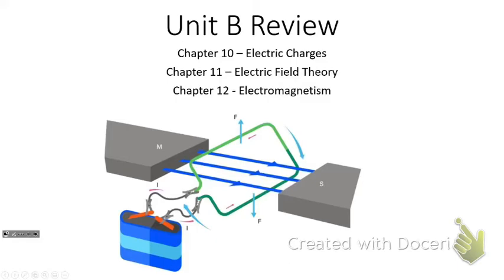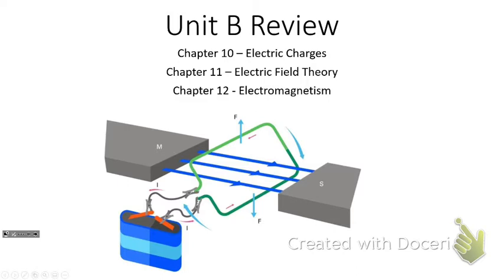Okay, so tomorrow we're going to write our Unit V test. This will be on chapters 10, 11, and 12. Chapter 10 was standing electric charges, when things are stationary, not moving.